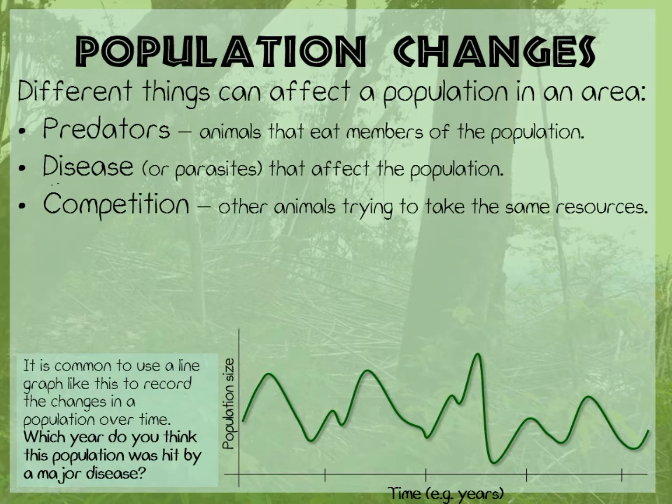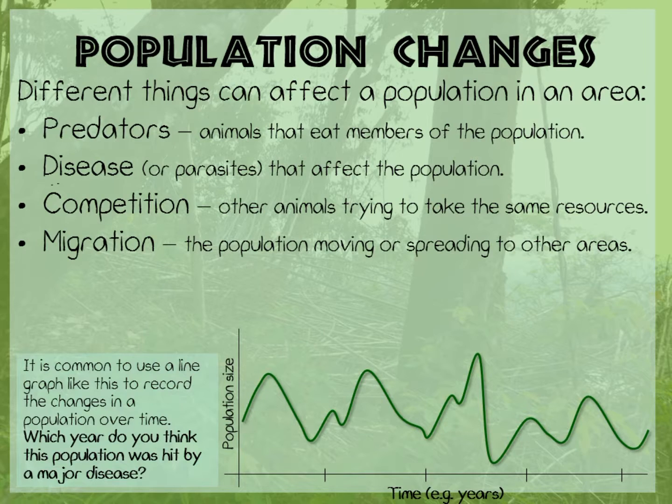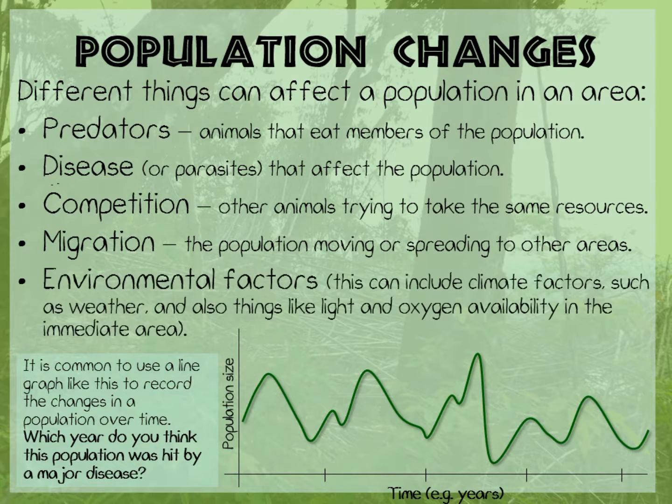In other words, it will try and take the food that this population feeds on, or the water that they need to survive. Migration also, if members of the population move or spread to other areas, that is going to reduce the population in the original area where they live, and of course increase the population in the new area. And of course there are other environmental factors such as climate and a change in the local landscape.